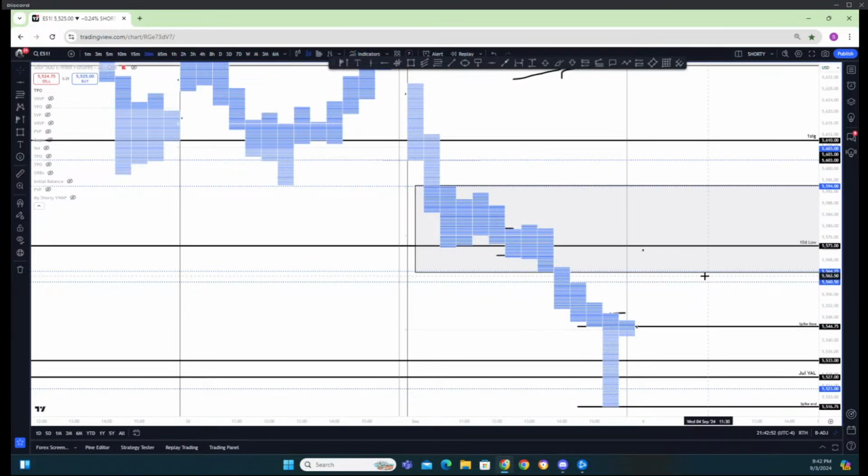If you crack, let's say 64, high chance you're going to go to 94 single prints, because that's the top of that value. This magnetism would be pretty quick. I'd be interested in longs above 64.25 to drive it to 94, which would be 30 points. I would just grab one MES, 30 points.